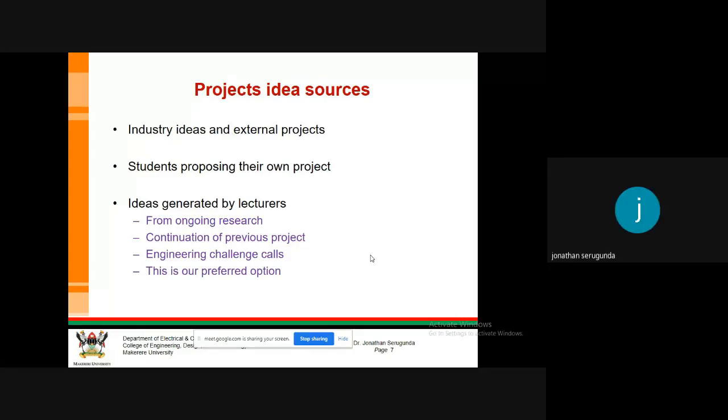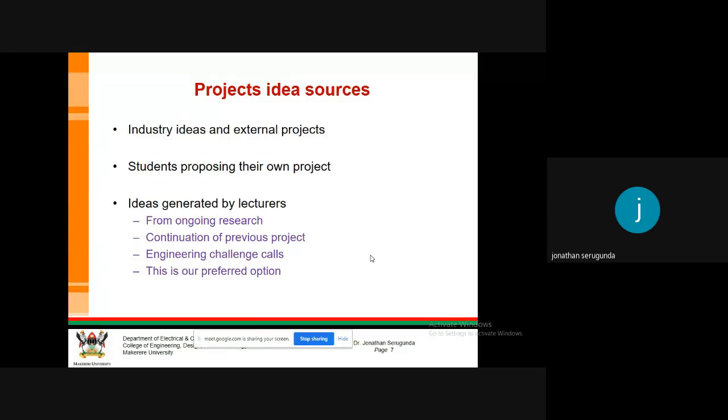So in such a case, it is important to control and manage the supervision, because industry people might be very keen in driving the project in a particular direction, which does not provide a lot of academic merit.